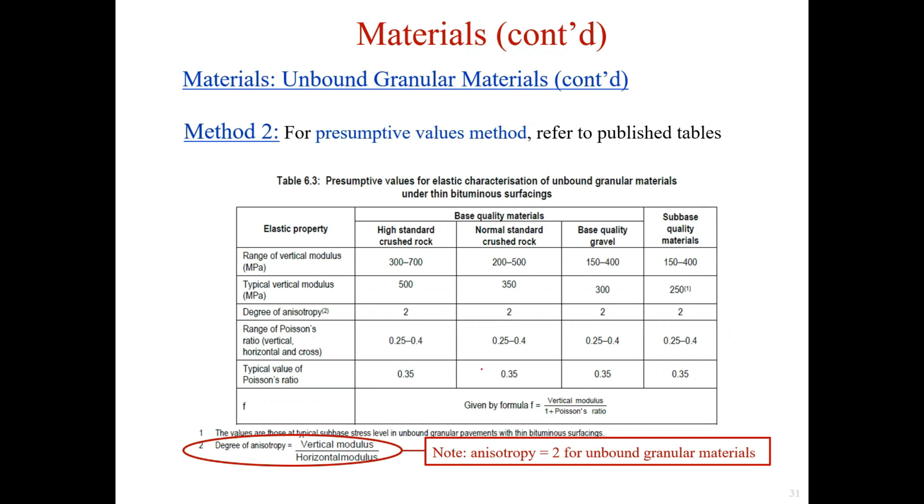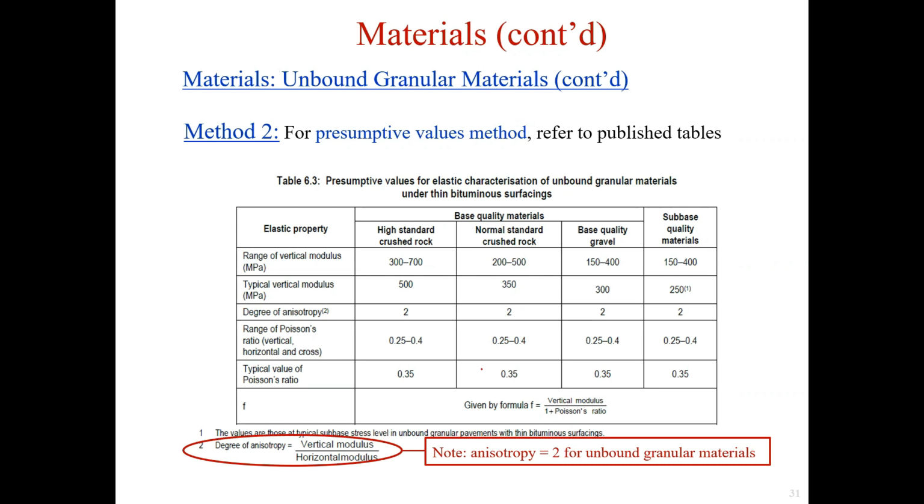Because the moduli of unbound granular materials are stress dependent and dependent on moisture and compaction levels in the road bed, caution must be exercised in applying this empirical data. This table may be used as a guide when assigning maximum values to granular materials and seeing bituminous surfacings when other more reliable information is unavailable.